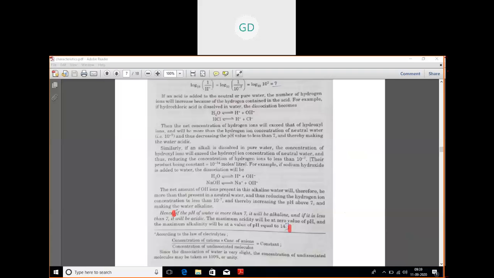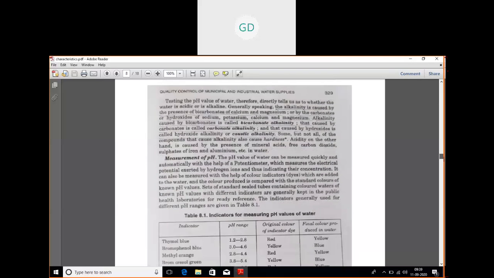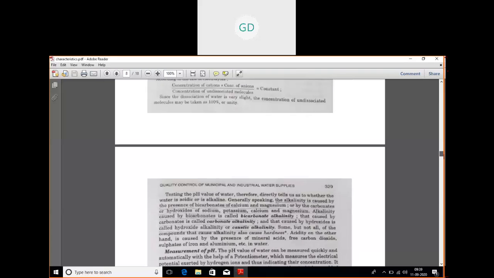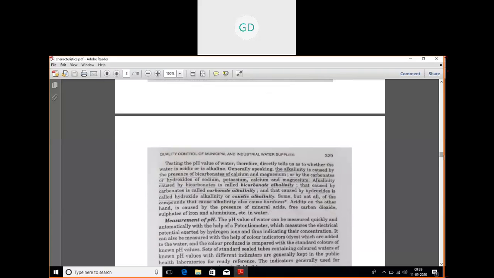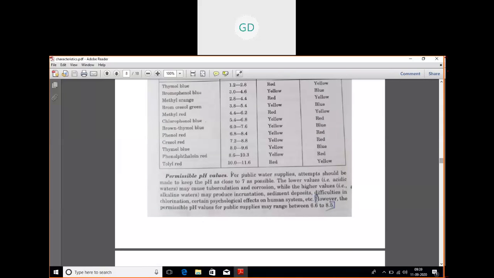Okay. Now, next let us see about the permissible limits. Wait, let me see this one. Okay, this is the permissible limit. You can write from here to here.